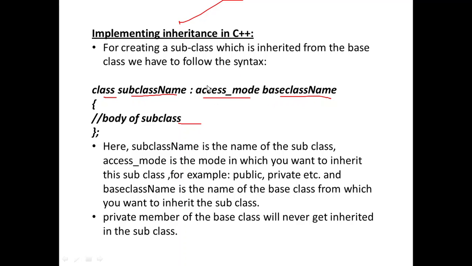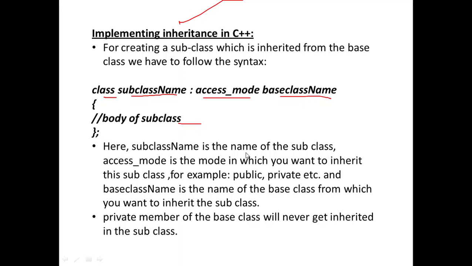If we have to inherit it in public mode, then we will write it as class car : public vehicle. Then there will be the body of the car, with some other properties written within the brackets, and a semicolon because we know that a class ends in a semicolon.